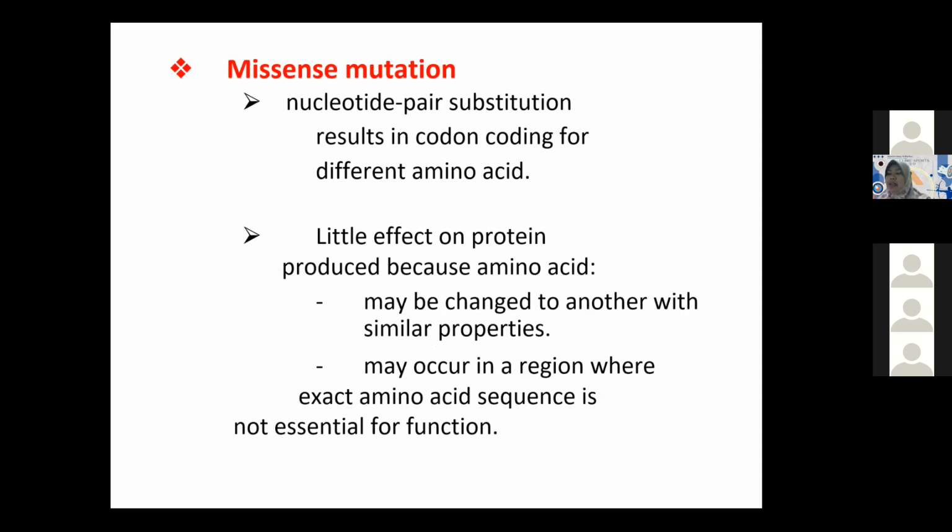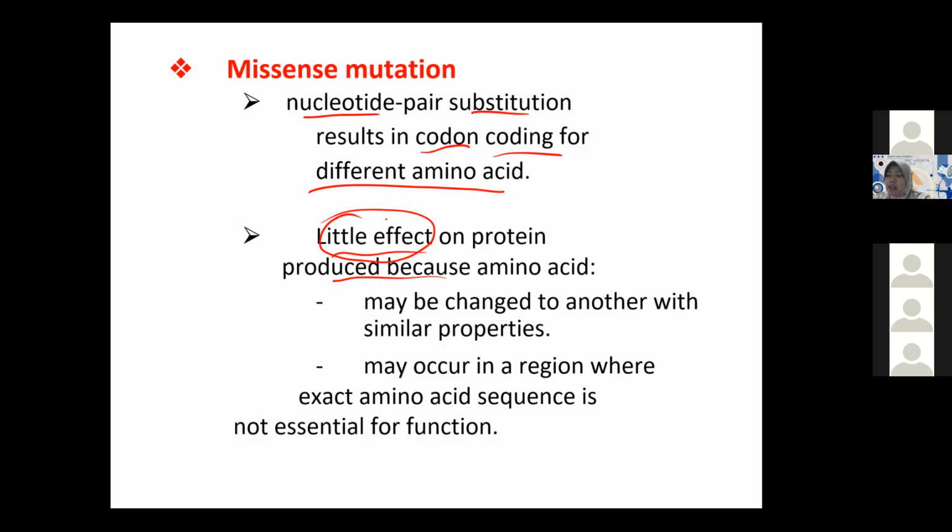Missense. Okay. So missense mutation is nucleotide pair substitution, still under substitution. Nucleotide pair substitution results in coding for a different amino acid. So you can see this kind of mutation produces a different codon, and this codon codes for a different amino acid. But missense mutation can have little effect on the protein produced, meaning it does affect the protein that will be produced, but the effect is small.